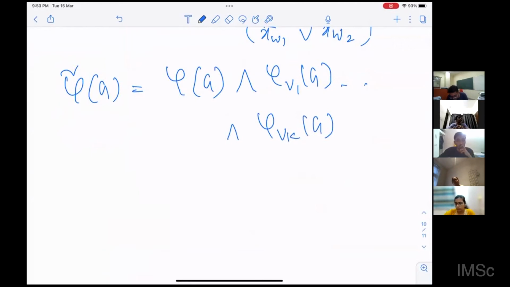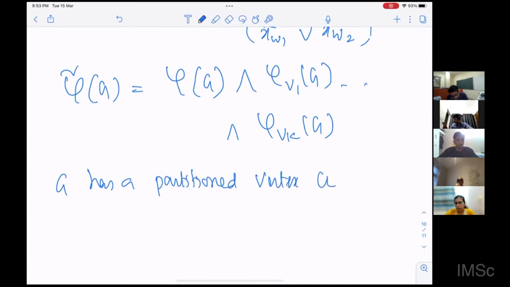You got the formulas? Now I want to say G has a partitioned vertex cover if and only if, maybe we might have to add more things, if and only if it's satisfiable.